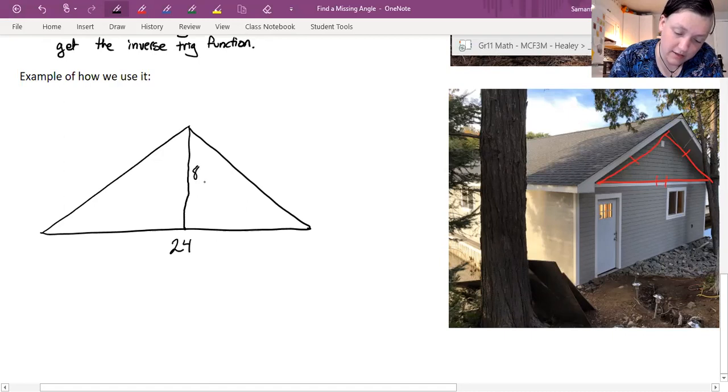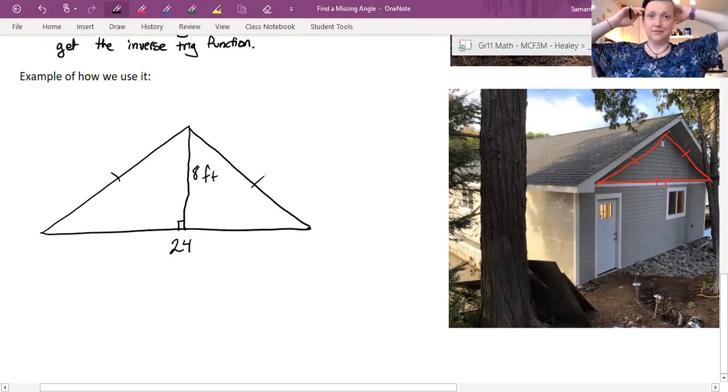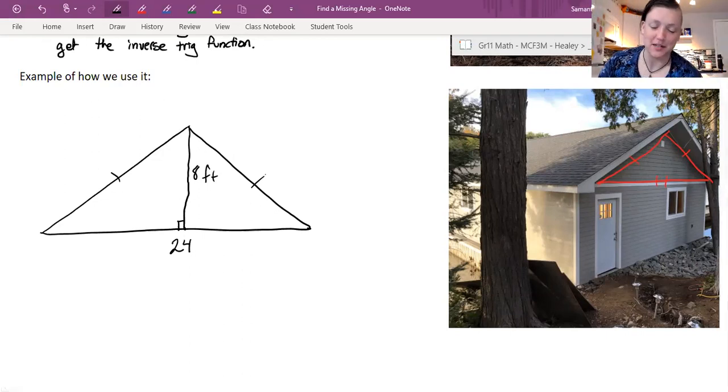So I measured all the way across was 24, and this peak here was 8 feet tall. And because this was an isosceles triangle, hopefully we built it right and they're exactly equal. If we didn't, that's a whole other issue, but we did all right. It turned out.